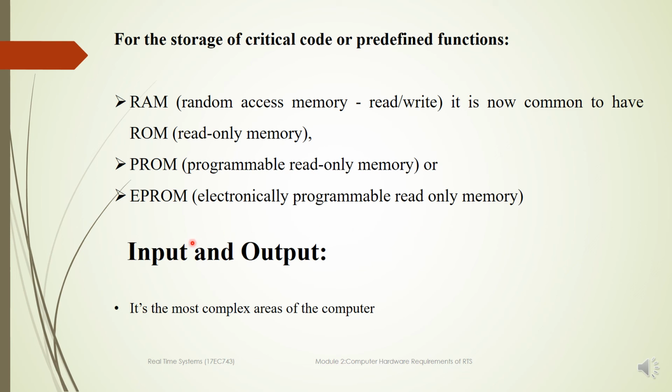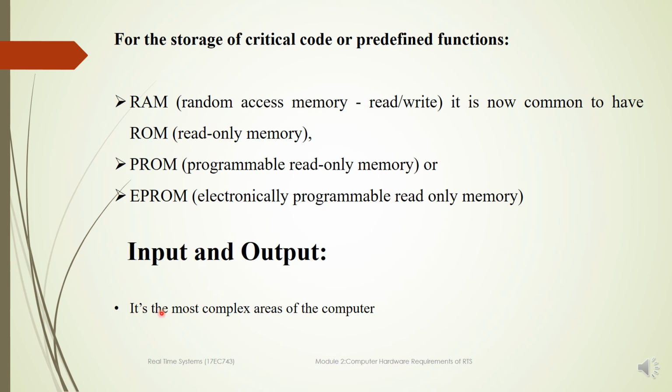And we also have input-output in a general purpose computer. The complexity arises when a wide variety of devices are connected and the data transfer rates of the devices are different. That means you connect a printer, you connect a scanner, that may be operating at different baud rates.